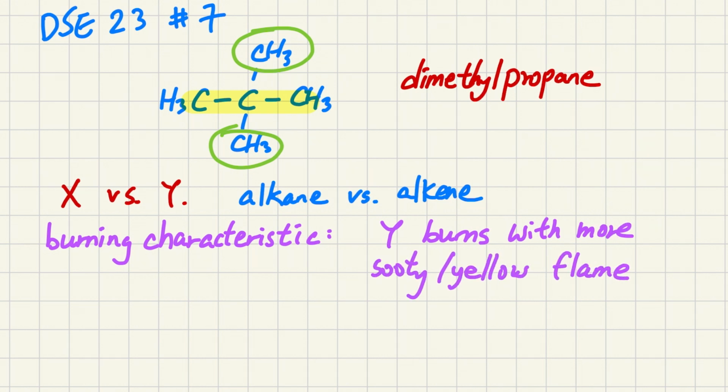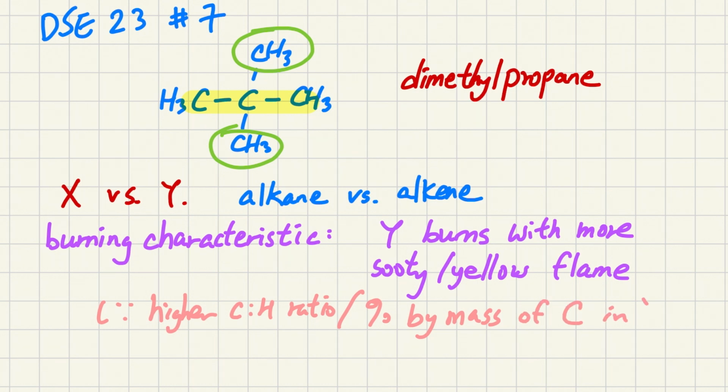So you can see this is a comparison: more sooty or more yellow flame. Don't forget to mention this in your answer, because molecule Y contains a higher carbon to hydrogen ratio, or you may say it has a higher percentage by mass of carbon.